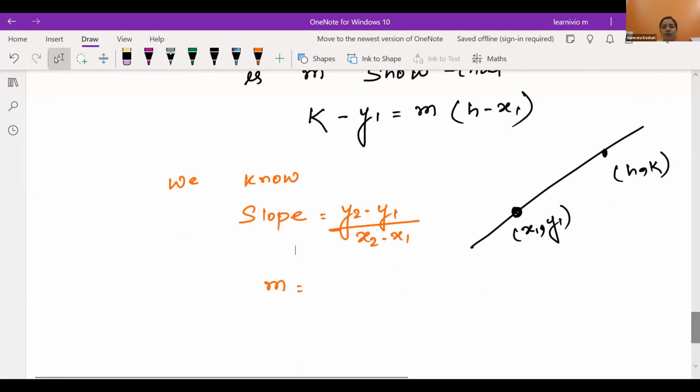Let's take this one as x1 y1, and since x1 y1 is given, h k, let's take it as x2 y2. Making sense? Yes, ma'am. Okay, this can be taken as x2 y2. So the formula y2 minus y1 by x2 minus x1: y2 is k, minus y1, over x2 is h, minus x1.